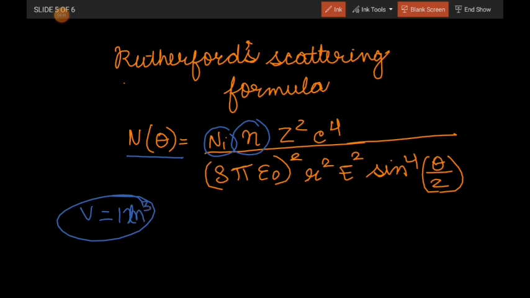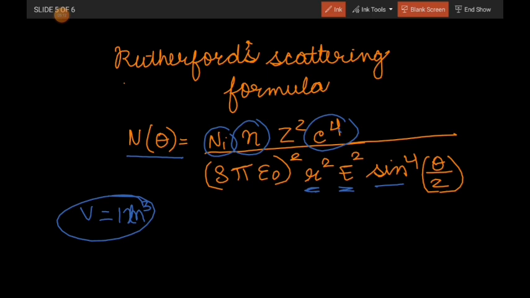After that, this is Z square, where Z is again the atomic number, and E is the charge on the alpha particle to the power 4, upon 8 pi epsilon naught whole square. This r is small r, and then E square sine 4 theta by 2. So this is the Rutherford scattering formula.